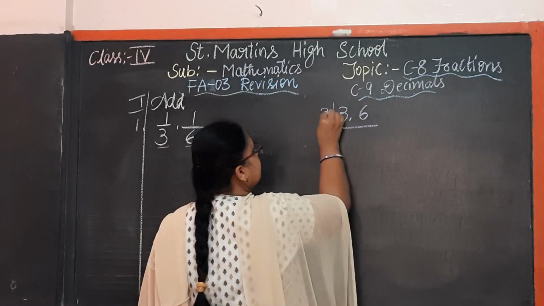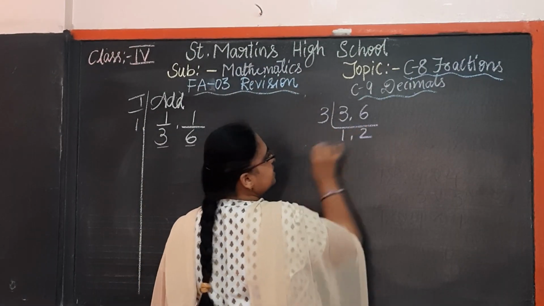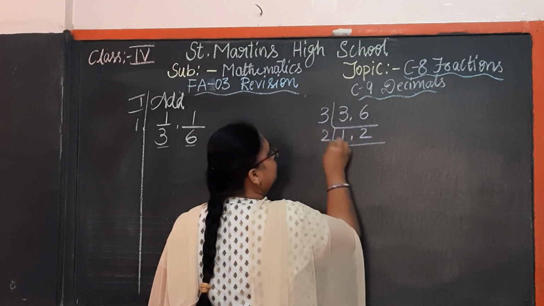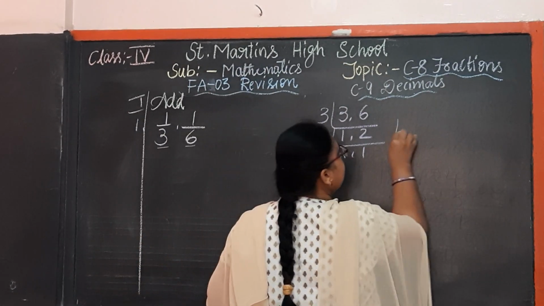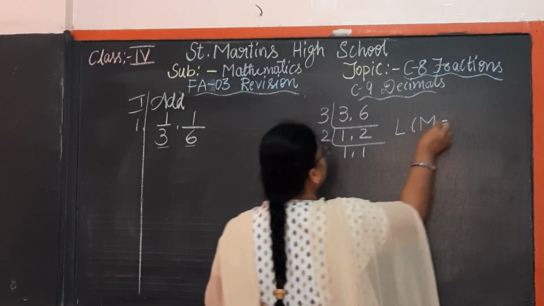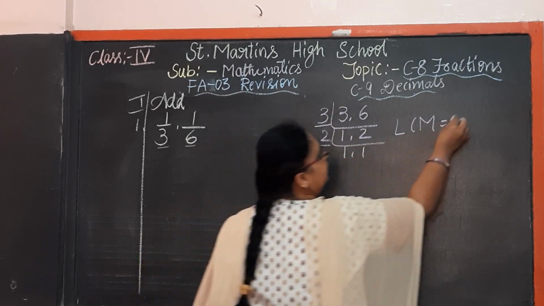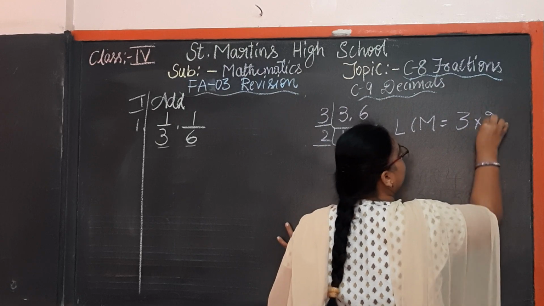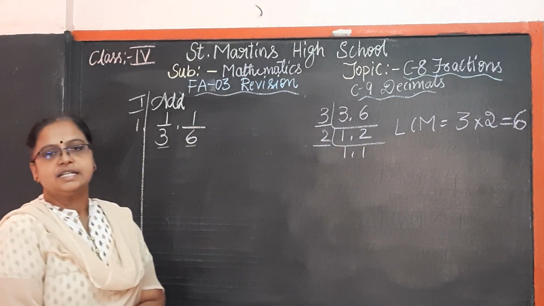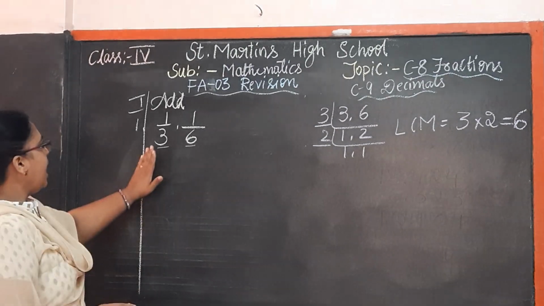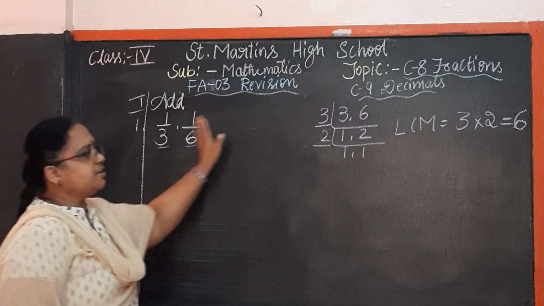So 3 ones are 3, 3 twos are 6. Now 2 ones are 2. What did we get as the LCM? LCM is equal to 3 into 2. That is, 3 twos are how much, children? It is 6. What we got as the LCM is 6.